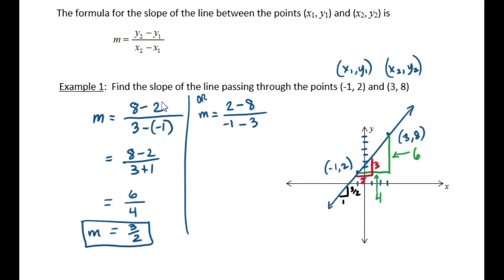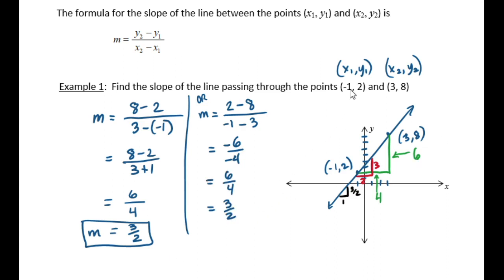That just changes the order of the subtraction in both the top and the bottom, so we're going to get opposite signs. -6 over -4. So we're looking at this now as going down 6 units and left 4 units. The negatives in the top and the bottom will cancel, so this is exactly equal to 6/4, or 3/2.